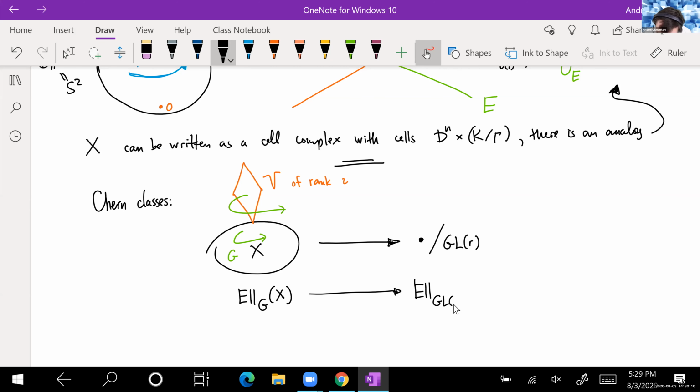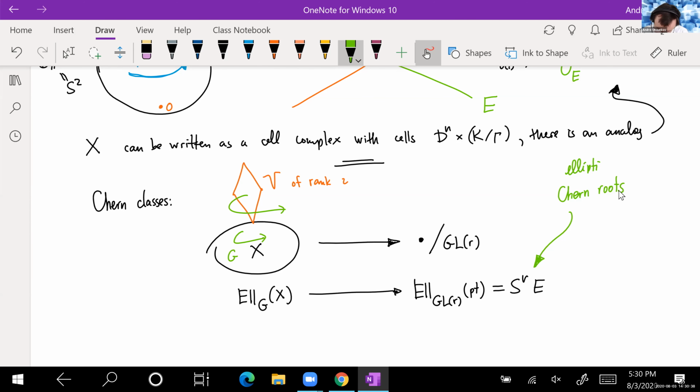This means GLR-equivariant homology of a point. We decided that it's just the R-th symmetric power of the elliptic curve. And that map, those are the Chern roots, elliptic Chern roots.